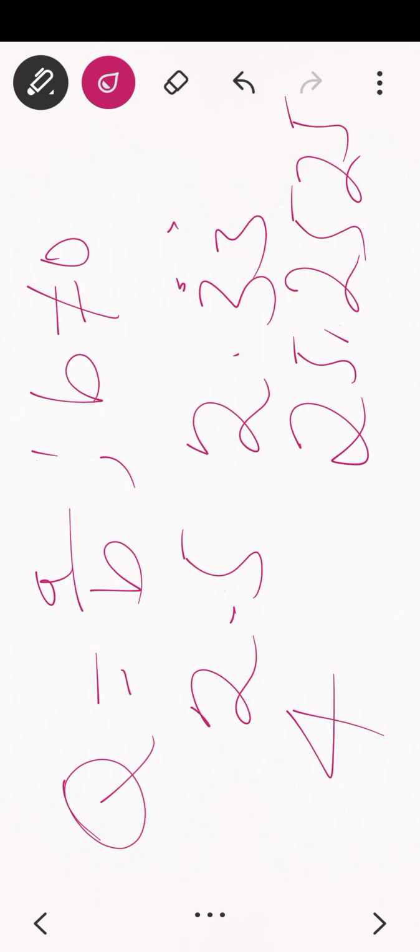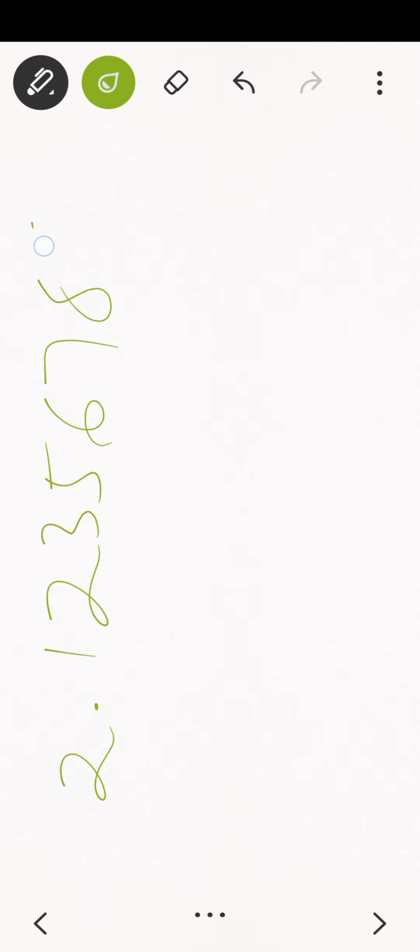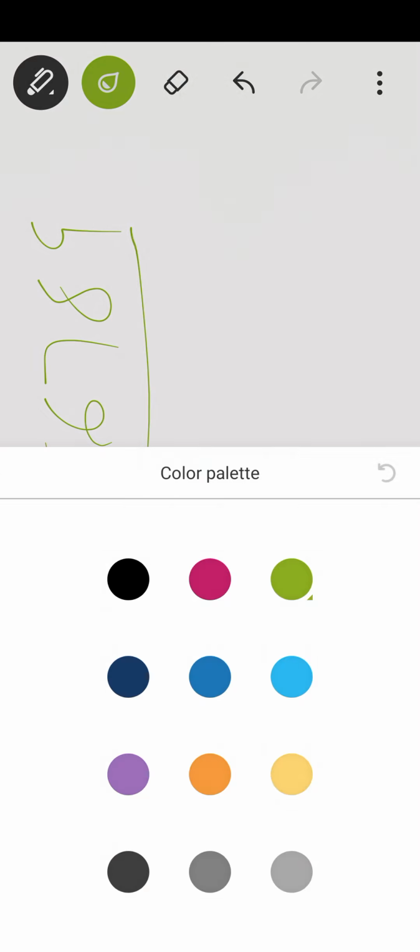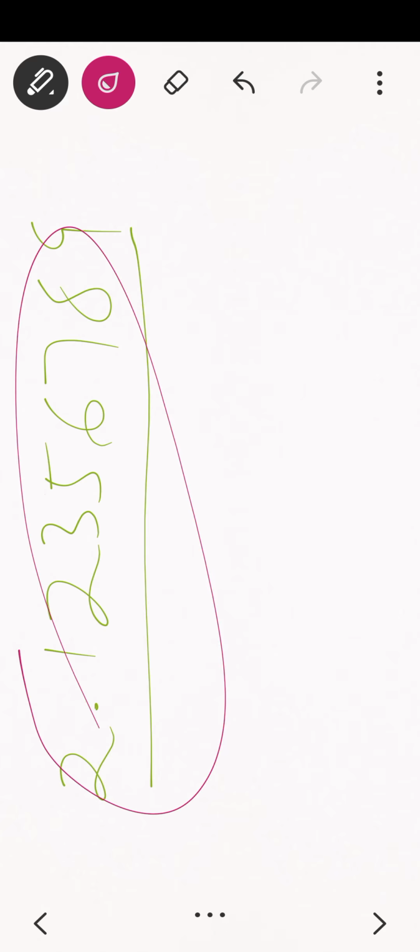However, if you flip the coin, you pick a number like 2.123456789. This number is not having any recurring decimal, neither is it terminating. So this number that we have here is an irrational number.